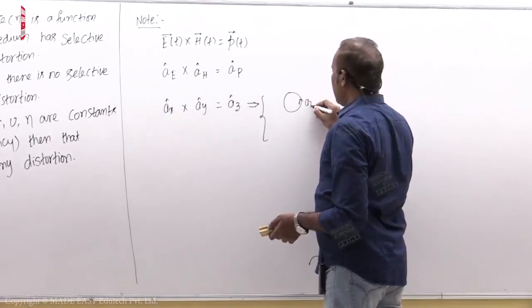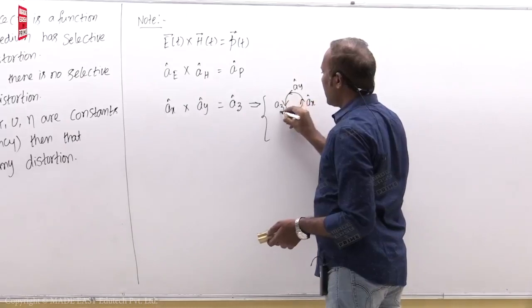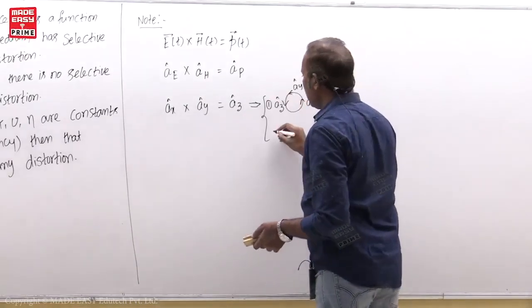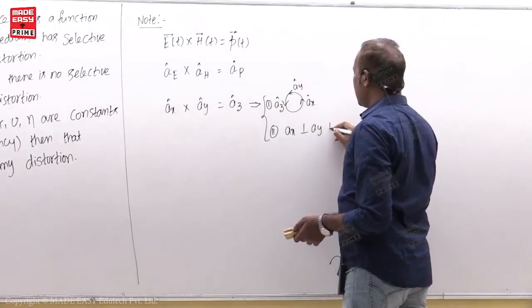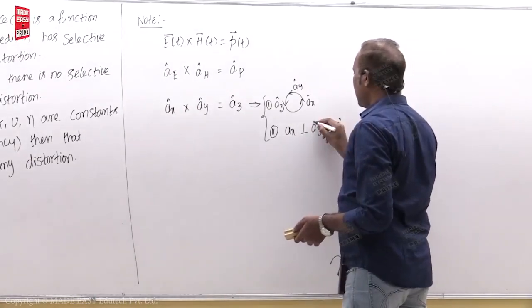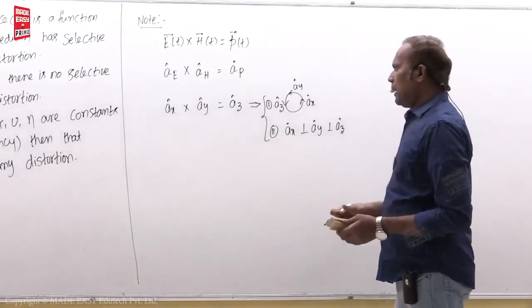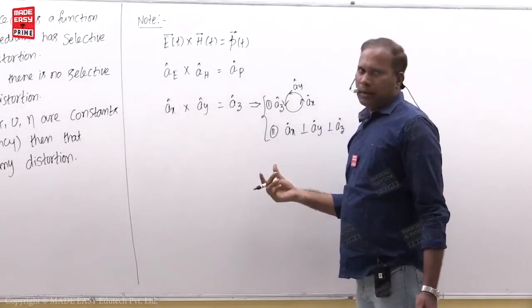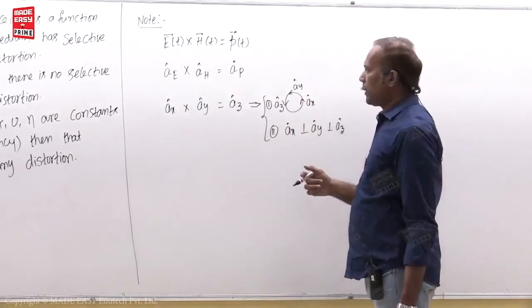That means ax cap, ay cap and az cap are in the sequence. That is the first point. And the second point is they are mutually perpendicular. These two things are correct actually. If any equation is in this form, then they are in the sequence and also mutually perpendicular.